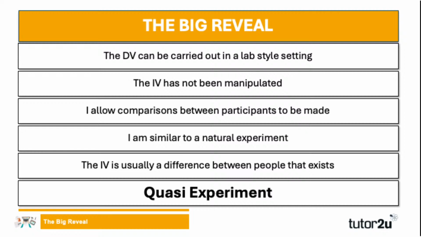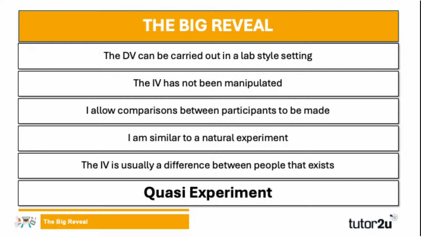So we've got gender, female versus male. We've got Sperry's split brain research. So it's IV is usually a difference between people that exist. Yeah, we could say that for that one. Age is another one. We could also say things like expectant mothers. So women that are pregnant, you're not manipulating that. That just naturally occurs, but it's a difference between people that exist. Well done on those examples.